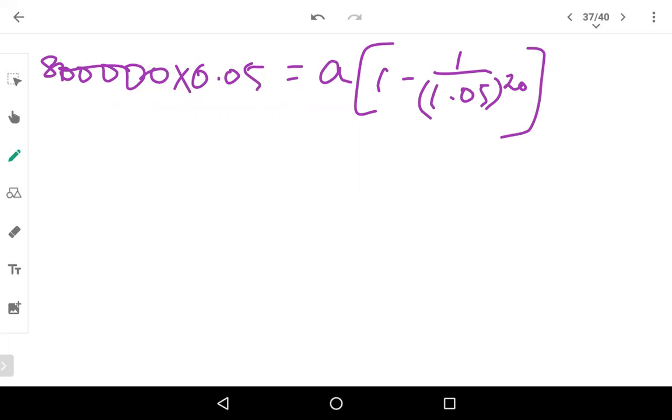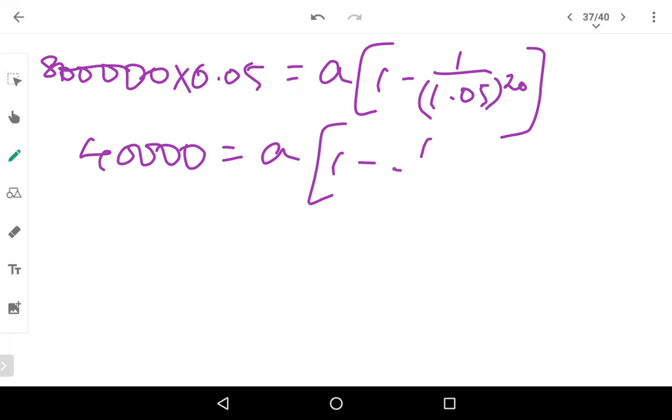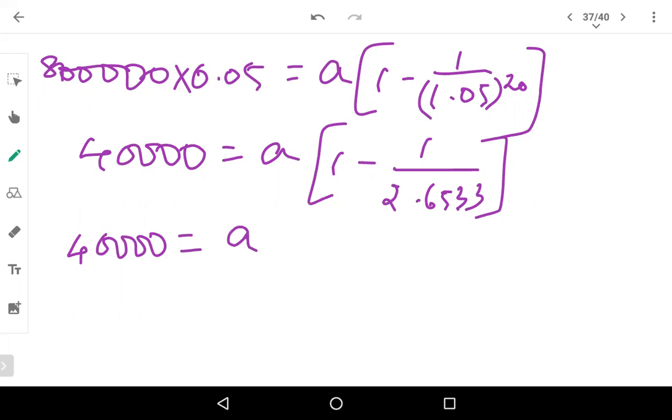Then 8 lakhs into 0.05 is 40,000, is equal to A into 1 minus 1 divided by 1.05 to the power 20, which is 2.6533. Then 40,000 is equal to A into 1 minus 1 divided by 2.6533.